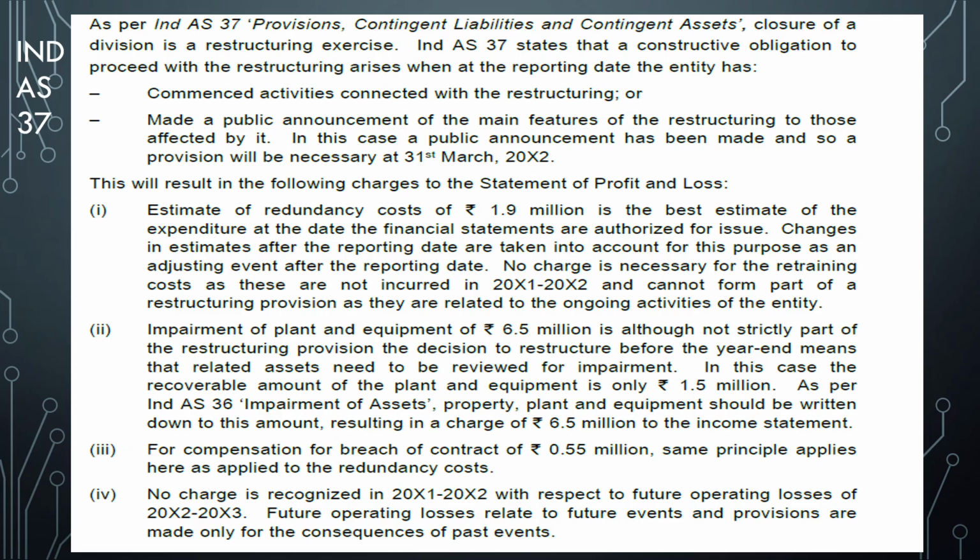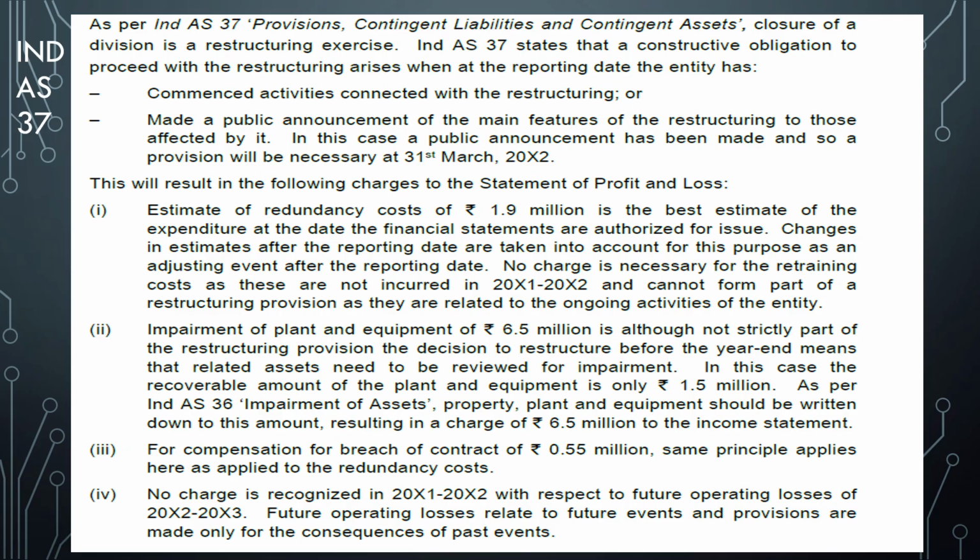So as per Ind AS 36, that is very important. You should write this property, plant and equipment should be written down to this recoverable value, that is the resulting is a charge of 6.5 million to the income statement. So the balance of property and plant and equipment as on 31st March 2022 will be 1.5 million only.